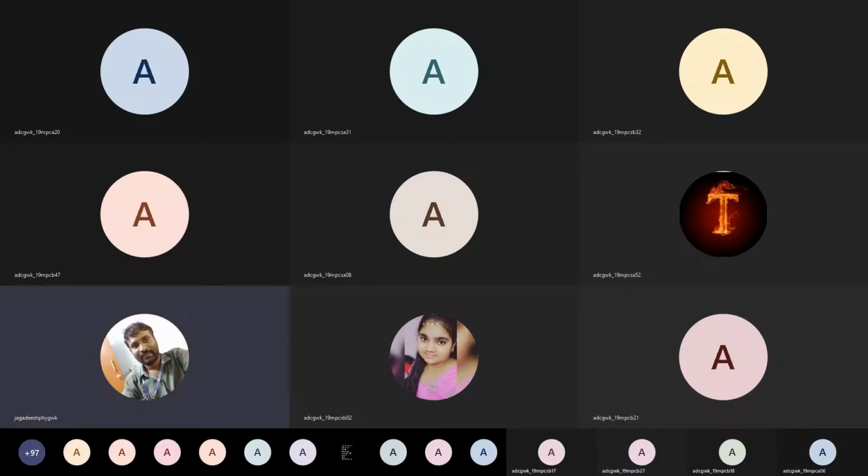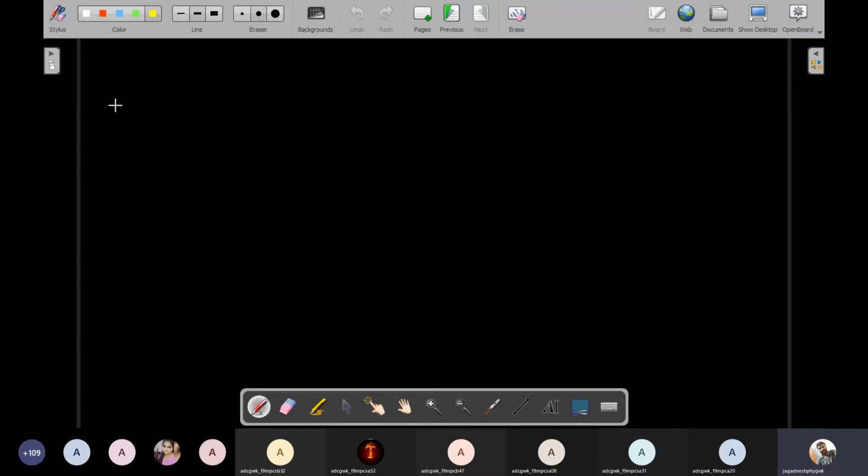Friends, today we are discussing the Joule-Kelvin effect, or Joule-Thomson effect.